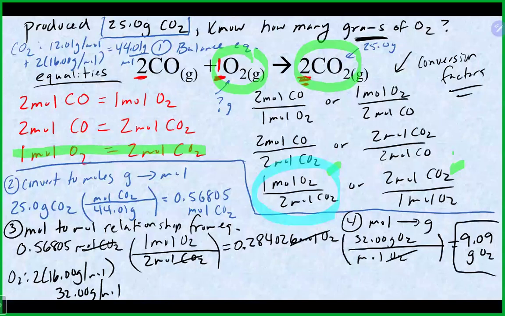This, by the way, is how much O2 we would need to put in there. So what that number represents is if you did this reaction and you put in there 9.09 grams of O2, if everything went perfect in this reaction, nothing fell off the side, no side reactions, you should produce 25 grams of CO2 when this reaction is done.